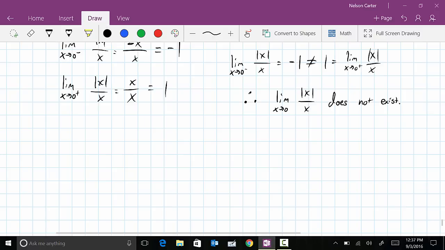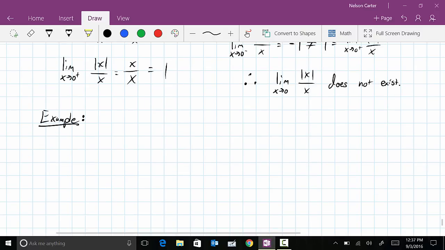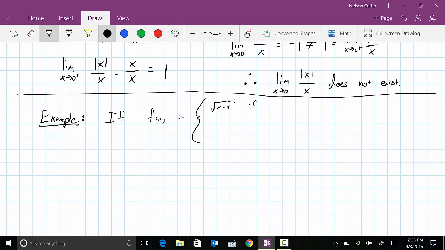All right, here's another example. We have f of x is equal to the square root of x minus 4 if x is greater than 4, and f of x is equal to 8 minus 2x if x is less than 4.